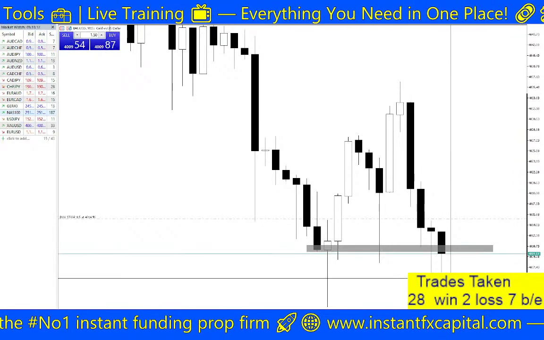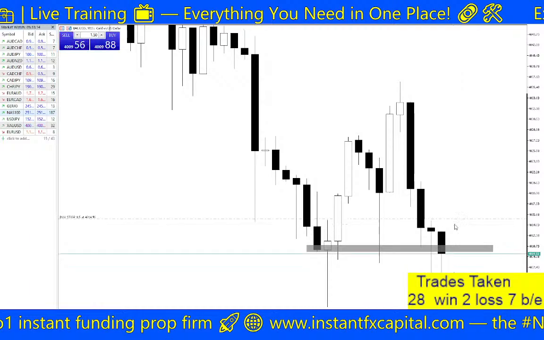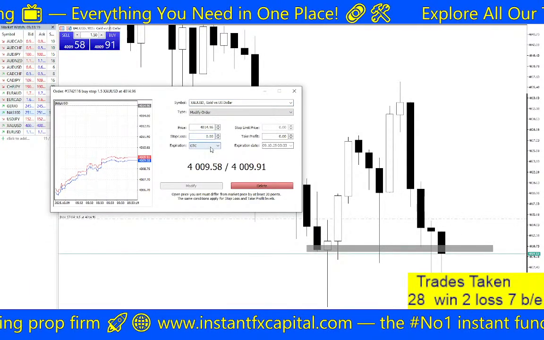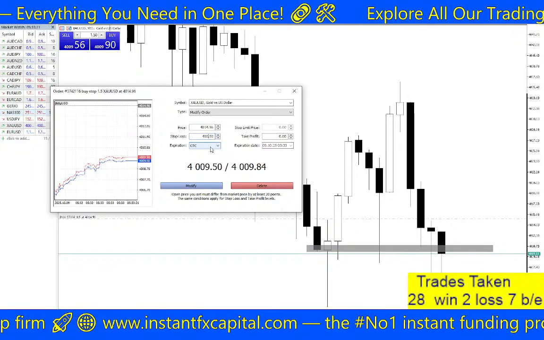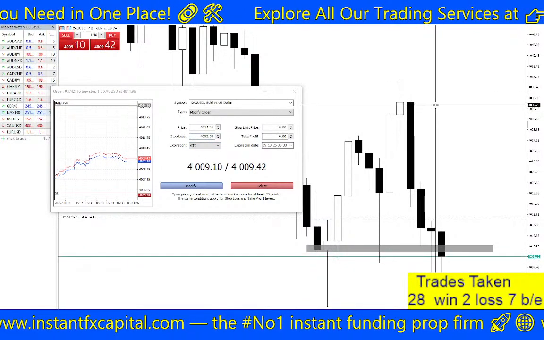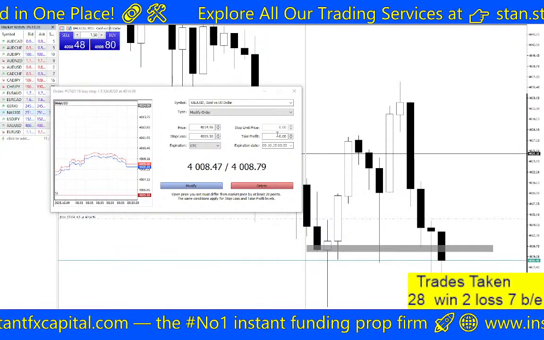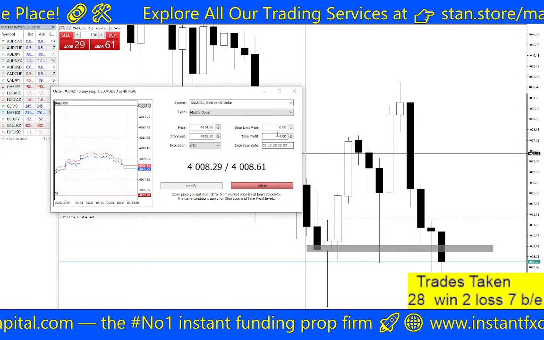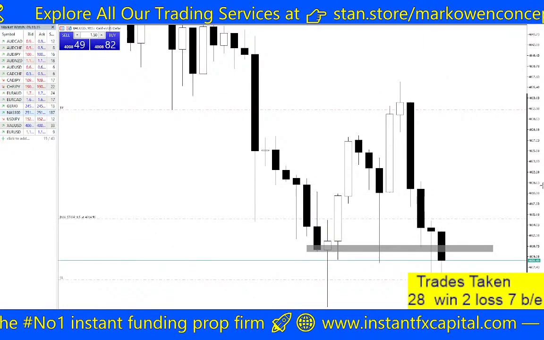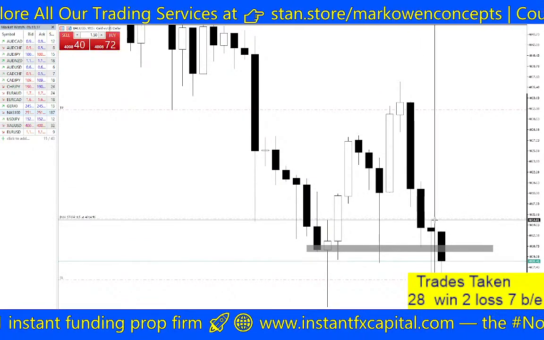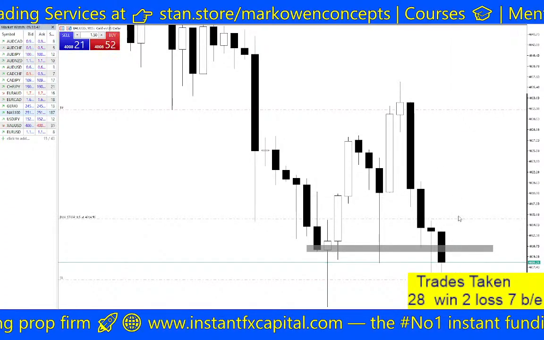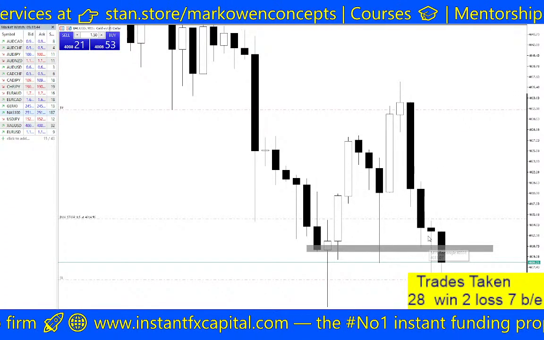And stop underneath 4005.5. Now, it needs to trigger on this candle. It needs to trigger on this candle for this to remain valid.